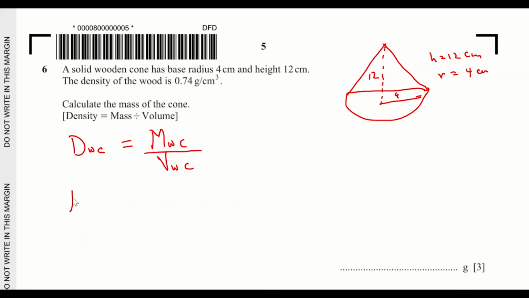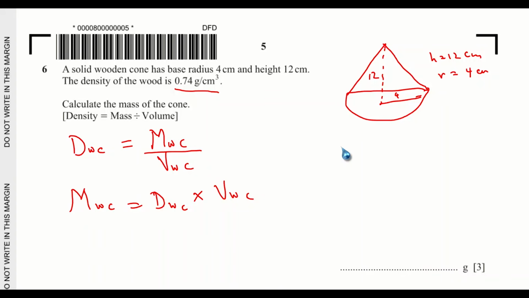So that implies the mass of the wooden cone will be equals to the density of the wooden cone multiplied by the volume of the wooden cone. Already we are given the density, which is 0.74. All we need to do is calculate the volume of the wooden cone.